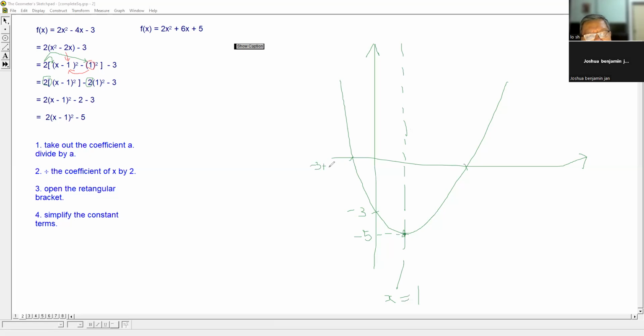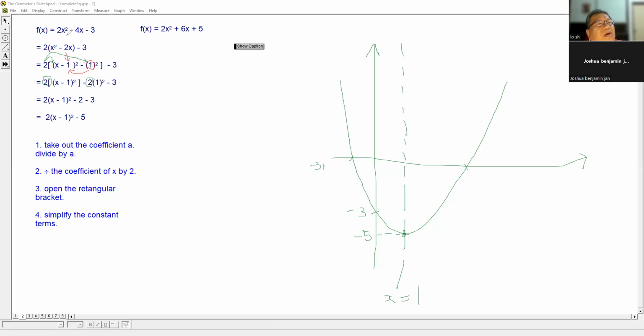Why i? The calculator says i. I means complex number, that means there is no root. It cannot be. Let me see.